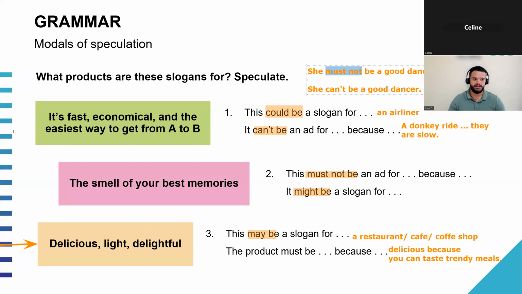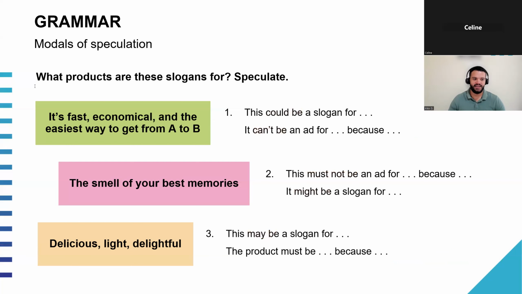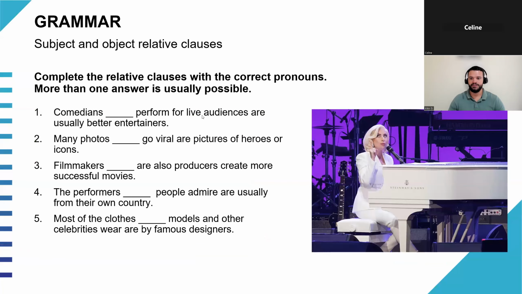All right, let's erase and we're going to continue, Celine. So here we have Miss Lady Gaga. Do you know Lady Gaga? No, you don't know Lady Gaga. All right. Lady Gaga, she's famous. I know her, I just don't like her. Oh, okay.